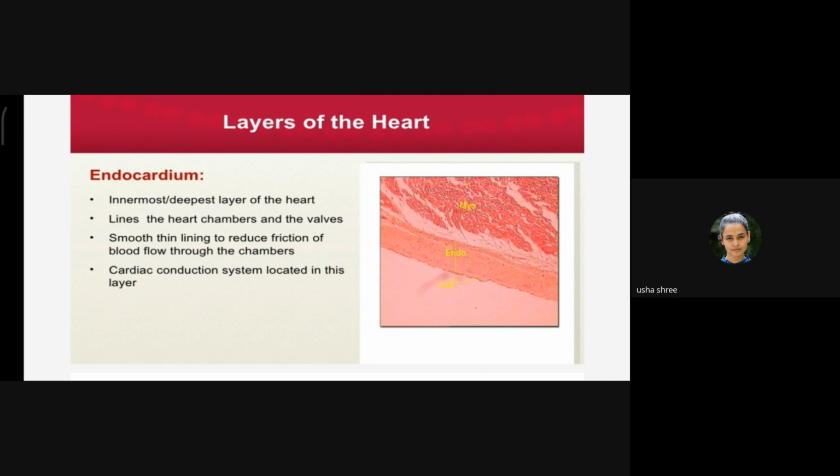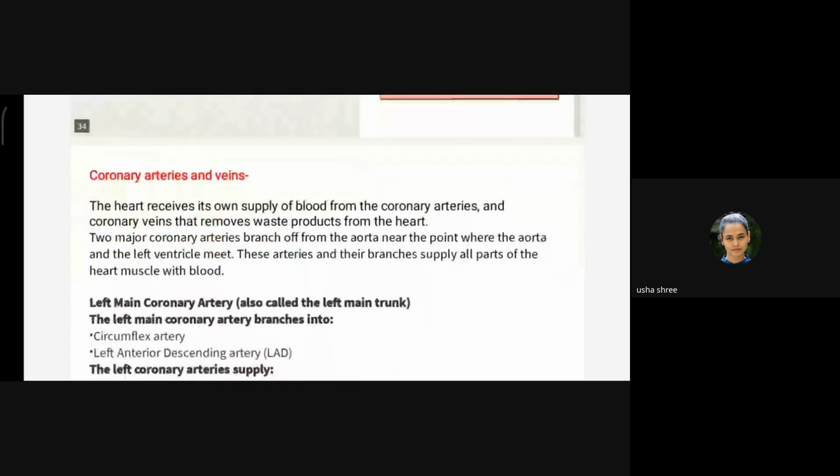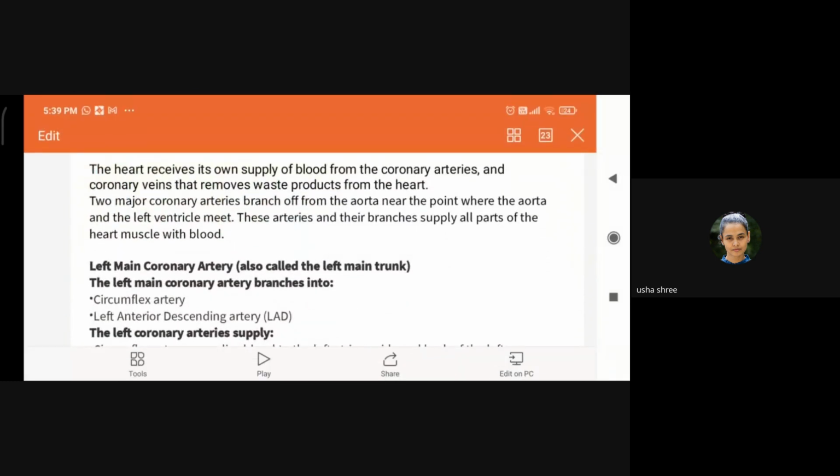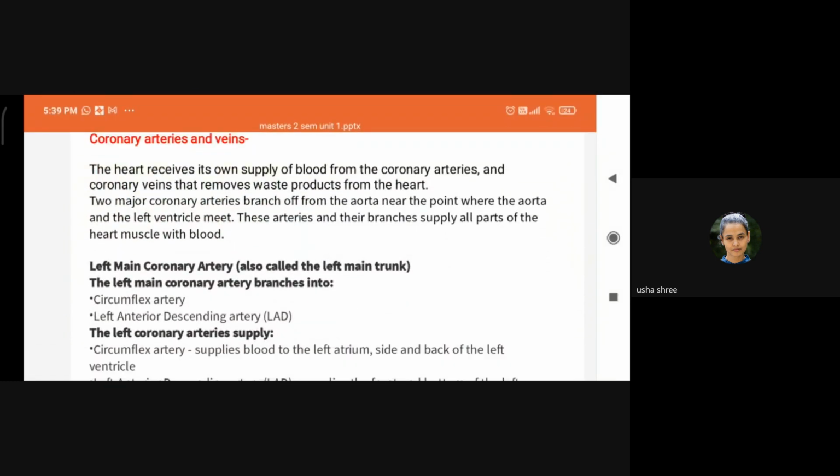Conduction means the electrical impulses are supplied in this layer only.